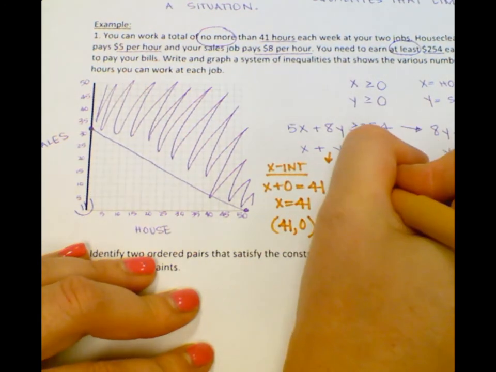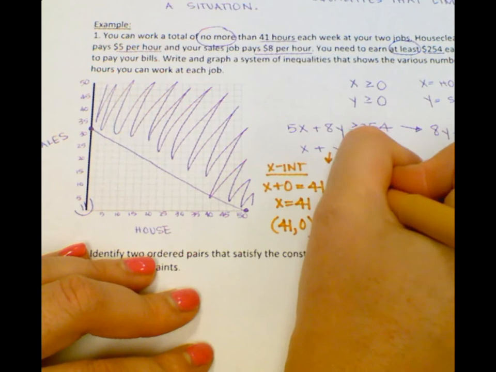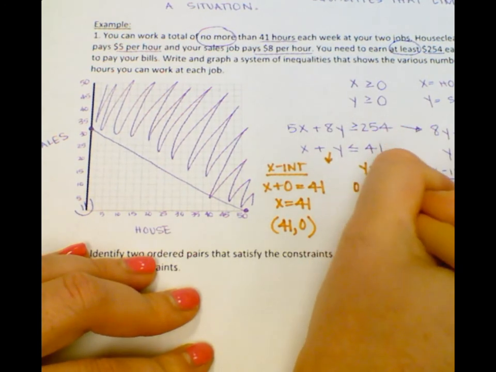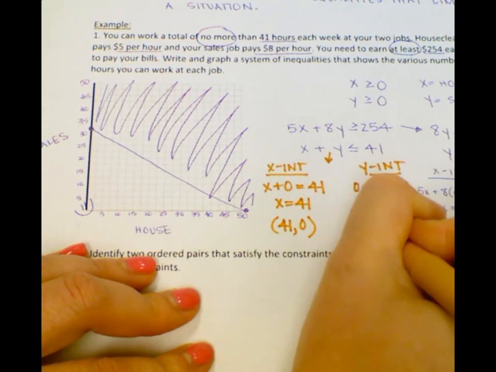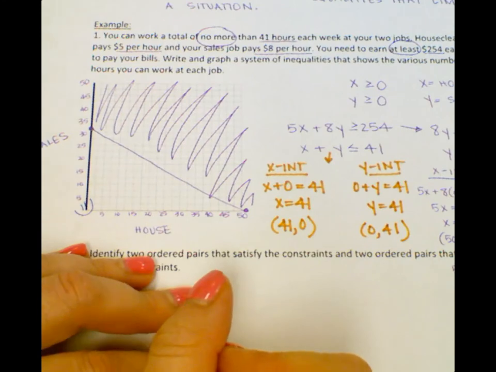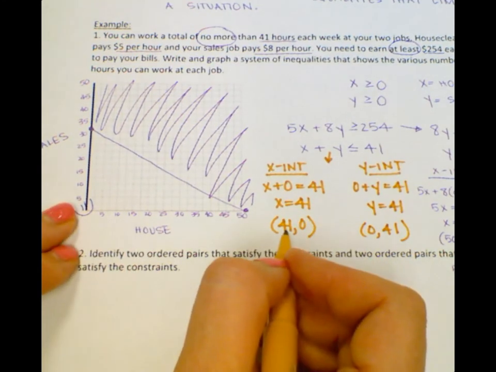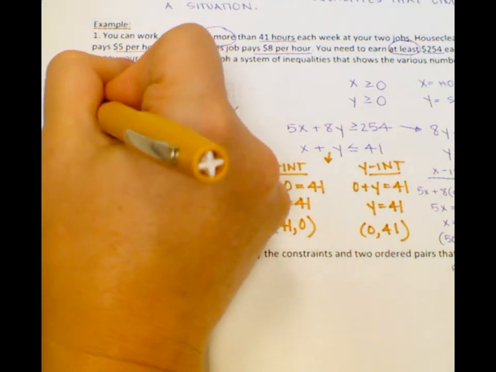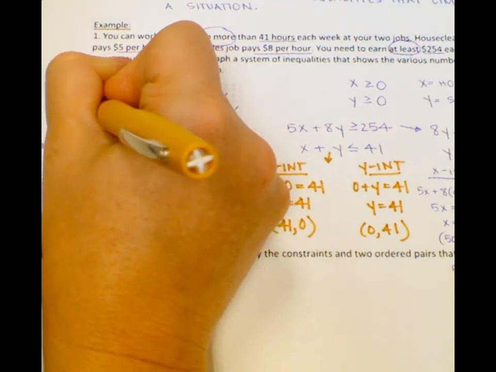Now a 0 in for x. Well, this one's easy, right? So y equals 41. Okay, let's go over to the graph and get our dots on there. So over 41, boom, right there. And 0, 41.